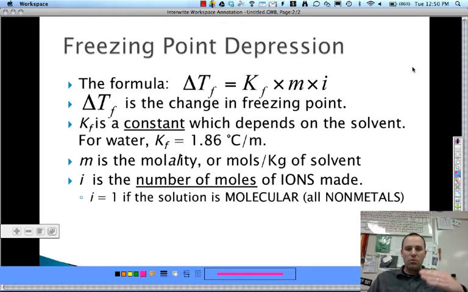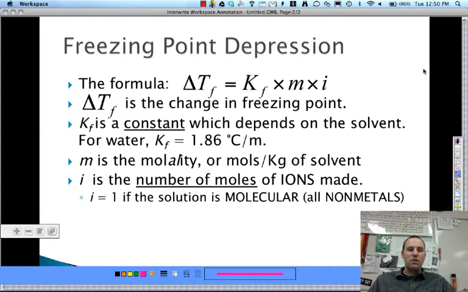Remember, the freezing point always goes down, the boiling point always goes up, so we call that boiling point elevation. The formula for freezing point depression, to calculate how much the temperature is going to change when I dissolve something in it, is this formula right here. So the delta TF is the change in the freezing point. Makes sense. Delta is change, T is temperature, F for freezing. So the change in the freezing temperature.